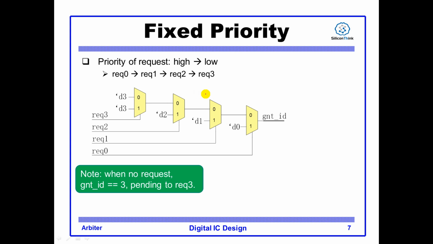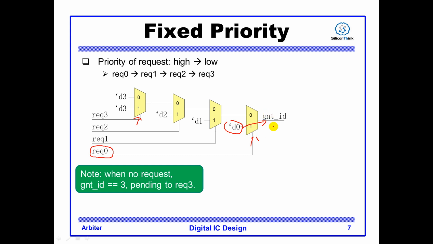So the circuit to implement this algorithm is something like that. You just use a cascade of muxes. Or you can say in real code it is something like if else. This is the highest priority, and this is the lowest priority. When request 0 is high, you always mux the ID of 0 to the output.